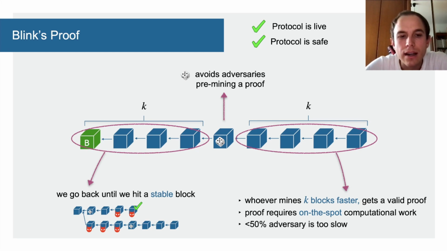Indeed, if we go back k blocks, we will be sure to hit a stable block, and so this attack is prevented. In the paper we formally prove that this construction is safe and that we will hit the stable block with this proof. So this is the construction.